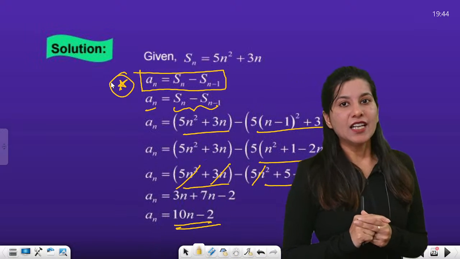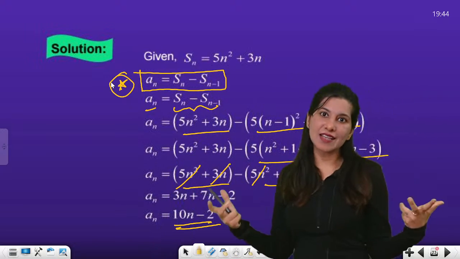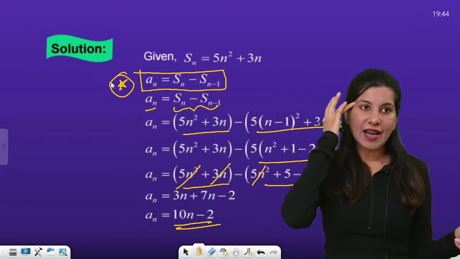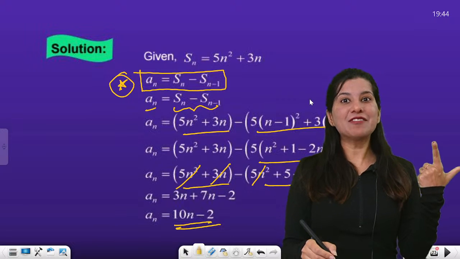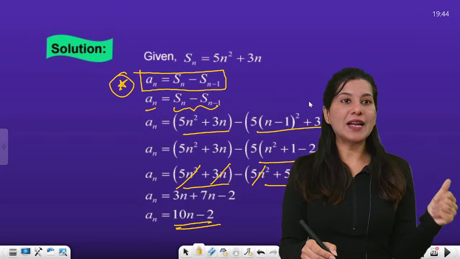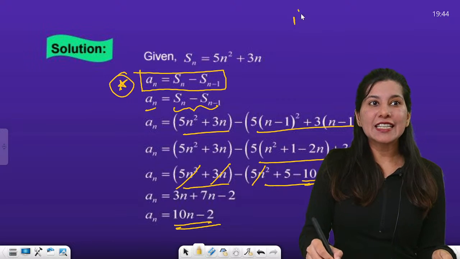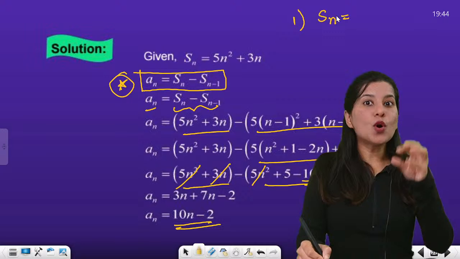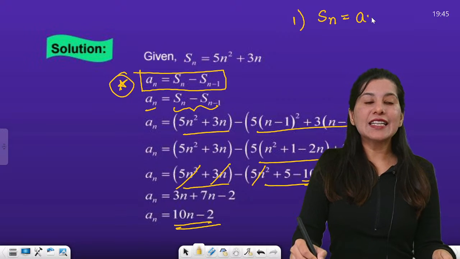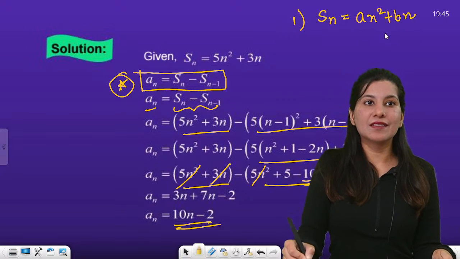Now there are a few hidden secrets I would like to tell you, some interesting facts about arithmetic progression. First thing is, the sum of n terms will be represented by a quadratic expression, just like an square plus bn.